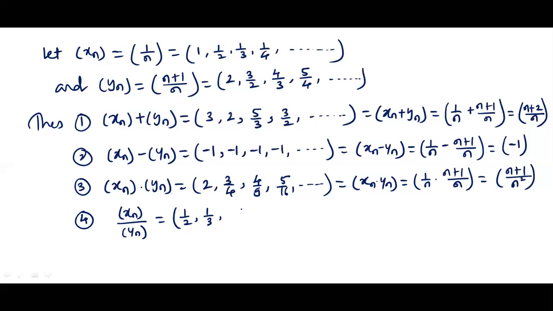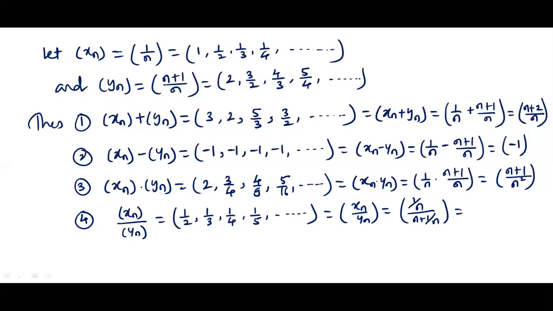Third term is 1 by 3 divided by 4 by 3, that is 1 by 4. Next term is 1 by 5, and so on. This is the sequence whose nth term is xn by yn. That means here xn is 1 by n, yn is n plus 1 by n, and you can note that 1 by n, the n will cancel and remains 1 upon n plus 1.